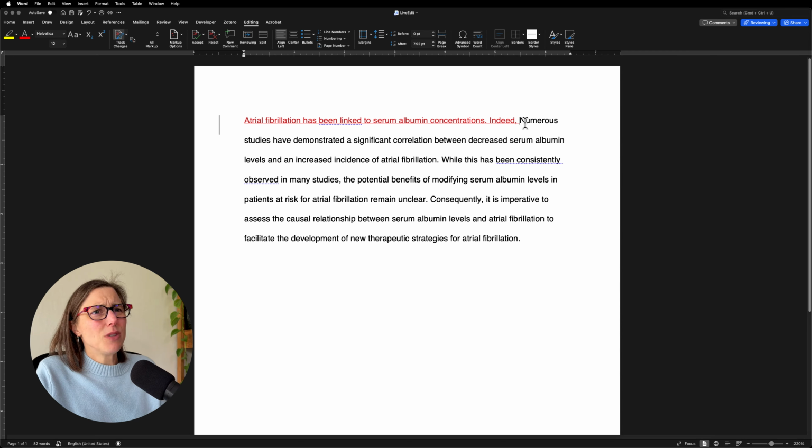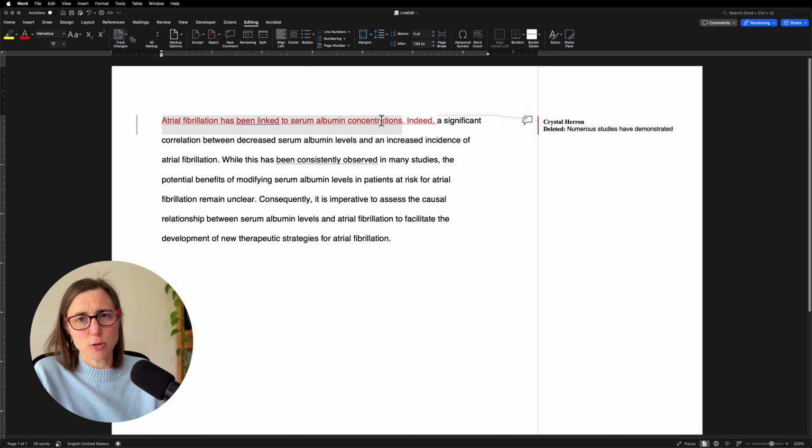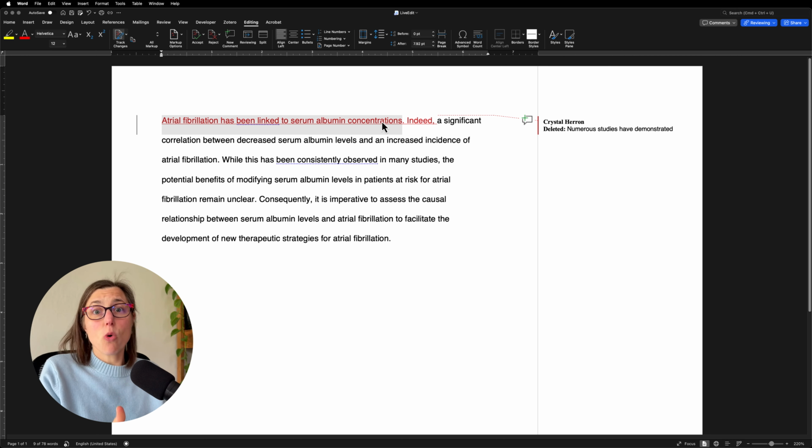All right, and we don't need the numerous studies have demonstrated all of that. So we're going to take that part out. And then I am going to say, a significant correlation. Actually, in this topic sentence, we have atrial fibrillation linked to serum albumin. So we have the order of atrial fibrillation and then serum albumin.